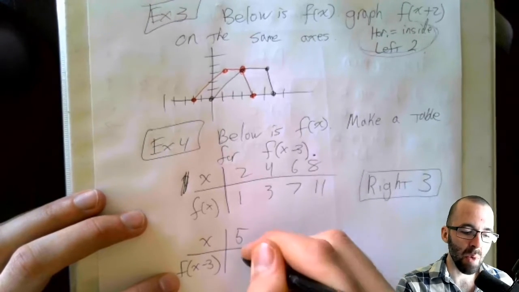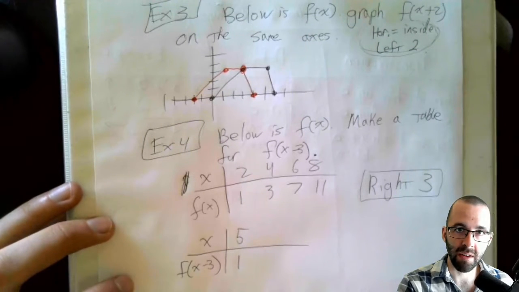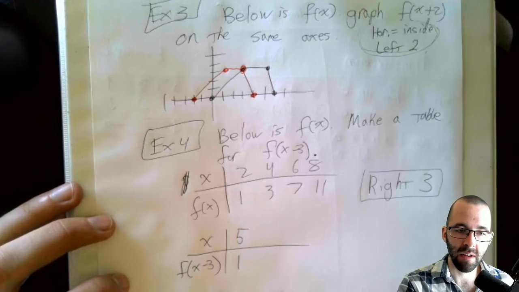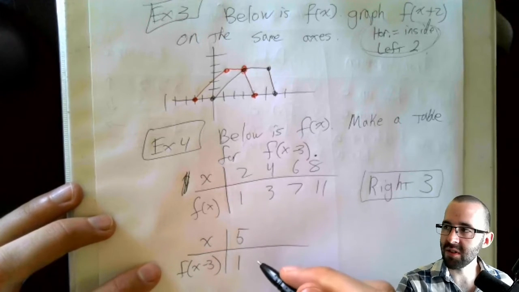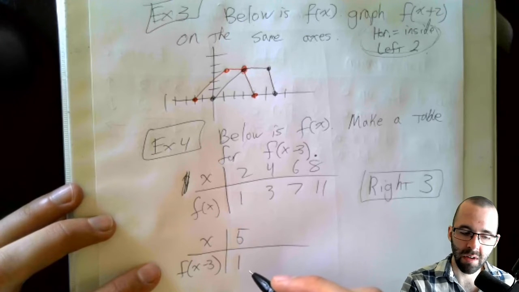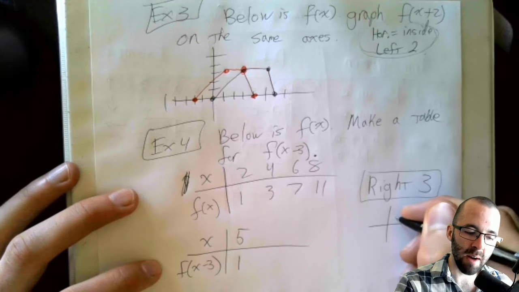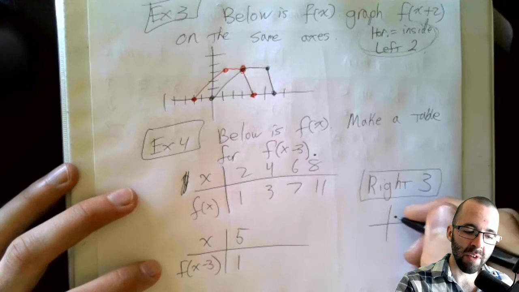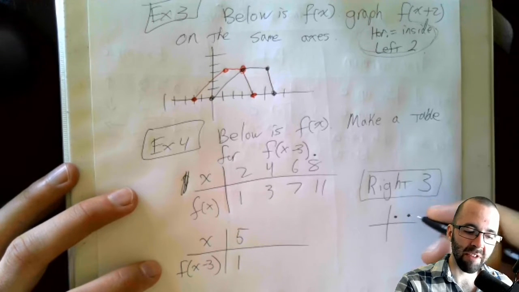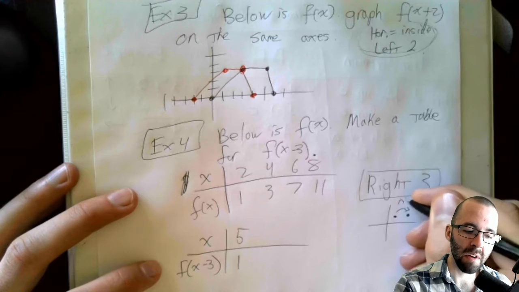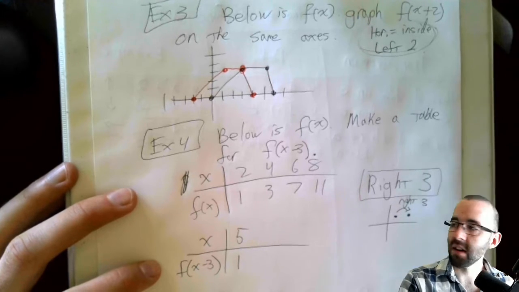It now becomes the point 5 comma 1. These horizontal ones usually look kind of weird to do. But again, if you have the point 2 comma 1 and you need to move it right 3 units, it does become 5 comma 1. The y values are not changing here.